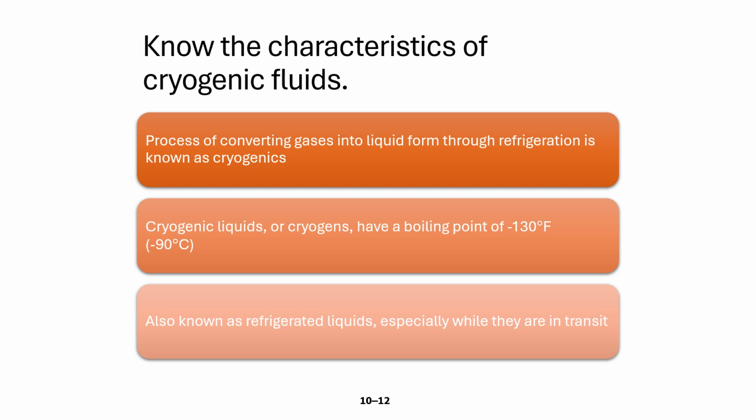Cryogenic liquids are also known as refrigerated liquids, especially when they are in transit. So there are some common materials or gases that are liquefied that are used in our communities for various reasons.